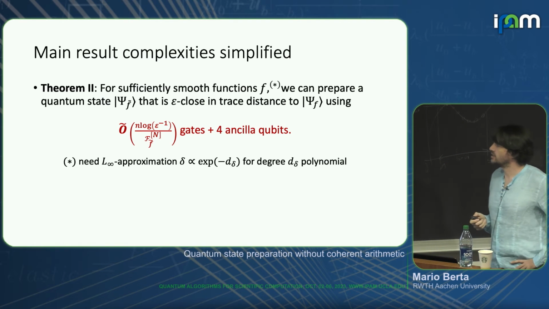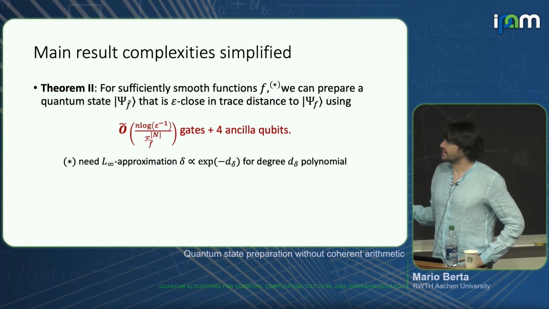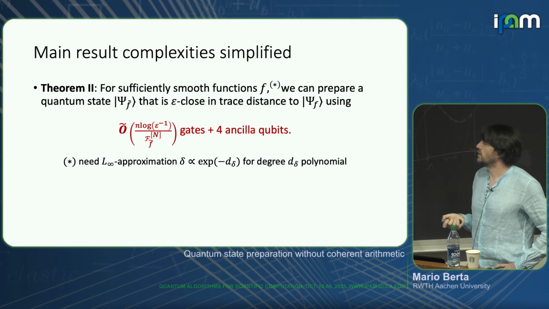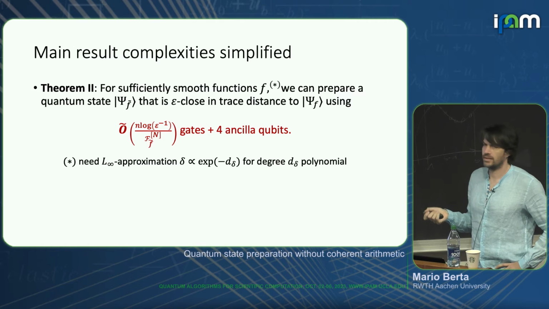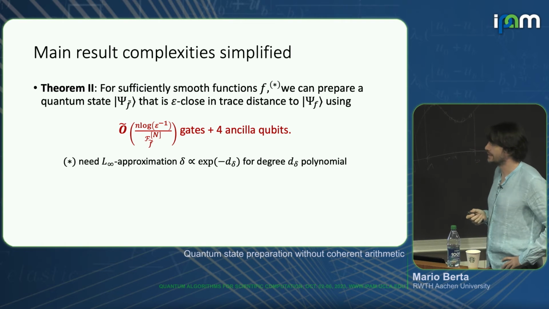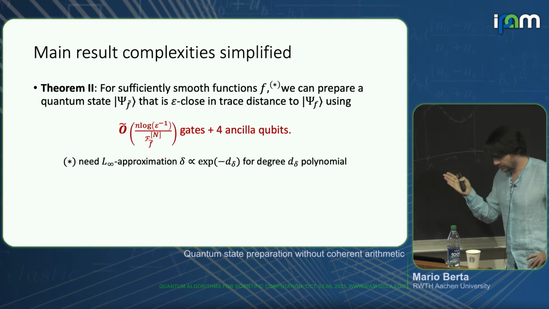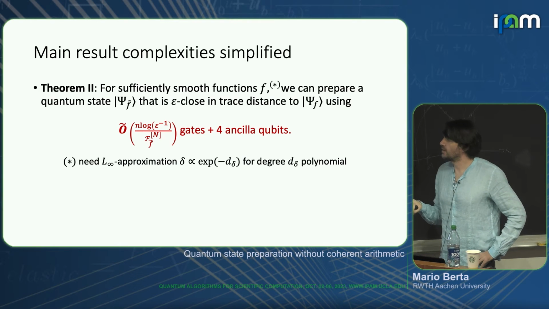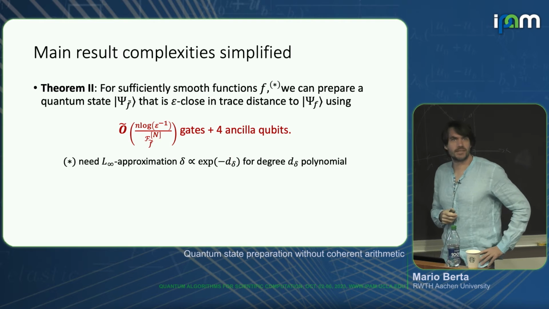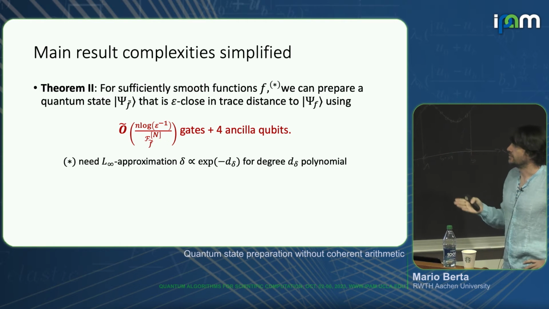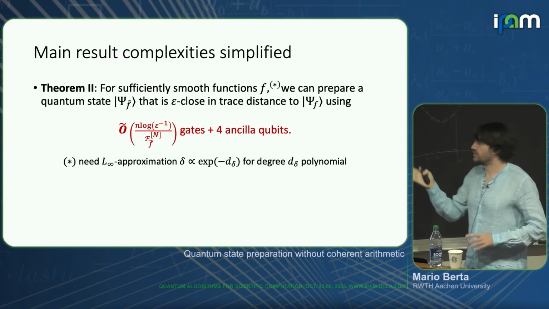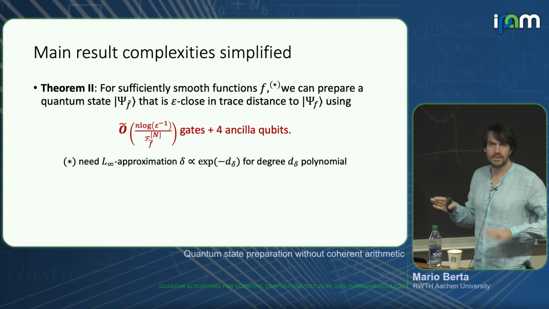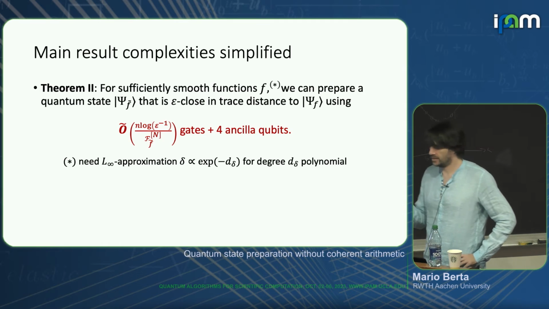So there's this tilde which hides some things, but the main complexities are scaling with n, log 1 over epsilon, and this filling fraction, plus only these 4 ancilla qubits. I think this is a very nice scaling, and it's not only that this works well in terms of this analytics, because there might be a lot of smaller factors hidden in this notation. I would claim that if you do these things in practice, then this hidden factor is basically smaller than 1. So it also behaves very well in practice.